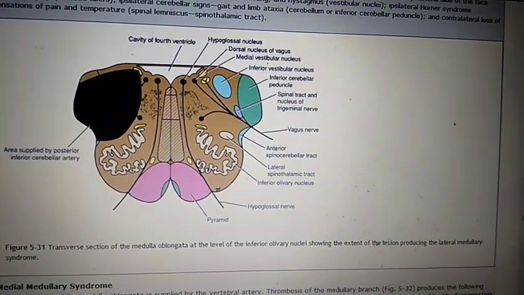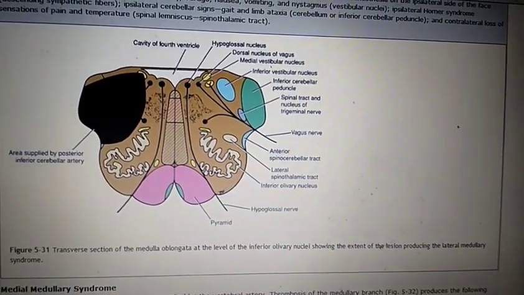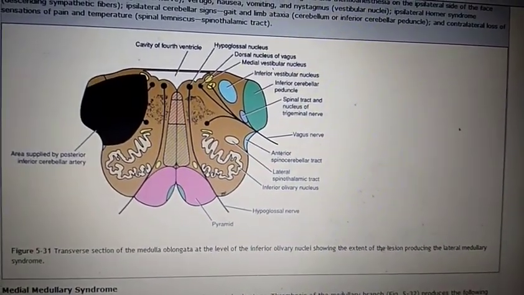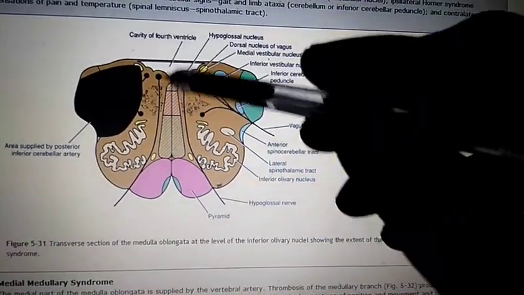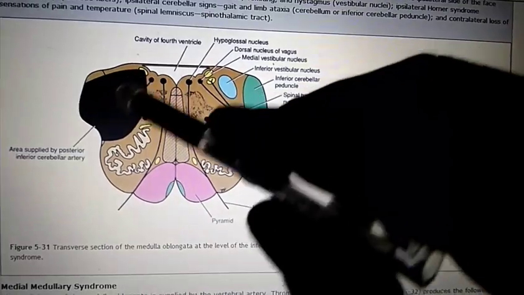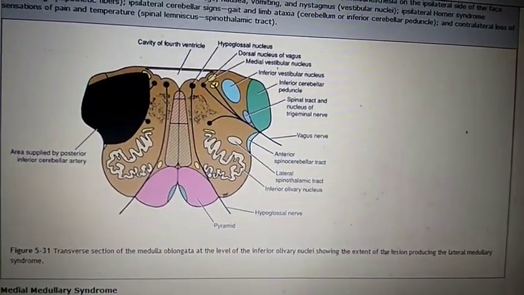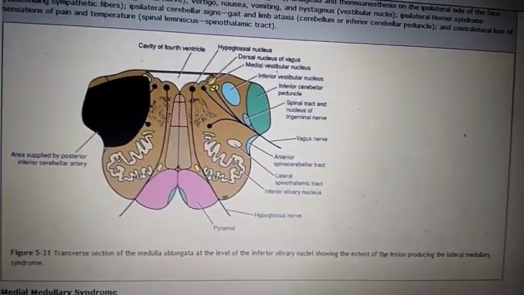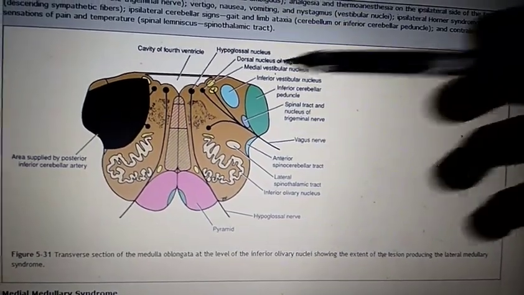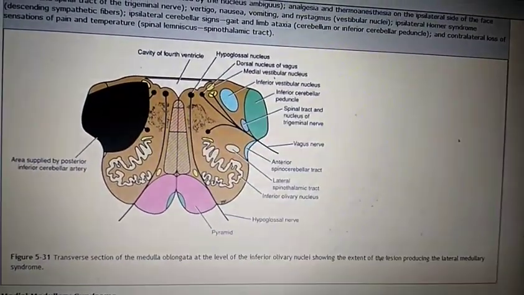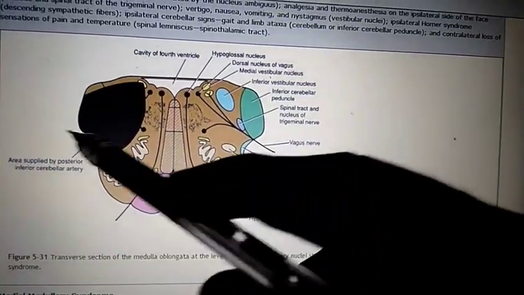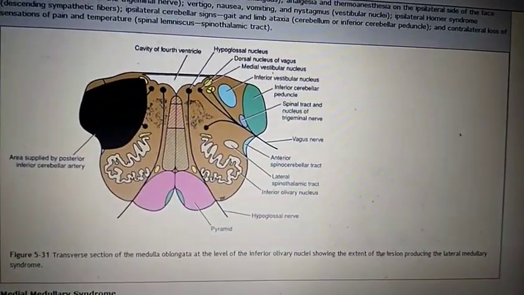So, the effects of lateral medullary syndrome will be due to the damage of those nuclei and tracts which lie in dorsolateral aspect of medulla oblongata. So let us see what are those nuclei and tracts that are damaged due to thrombosis of posterior inferior cerebellar artery.